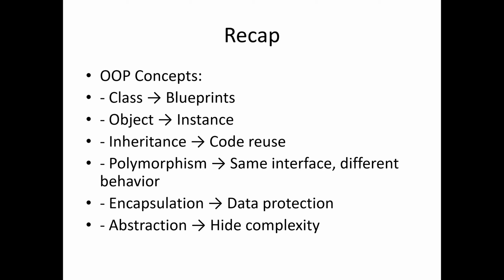Objects are basically instances of the classes. Inheritance, we can reuse the code that is given to us by other classes. Polymorphism, same interface, different behavior. Encapsulation, data protection, of course, private attributes, and abstraction hides the complexity and gives you the data.